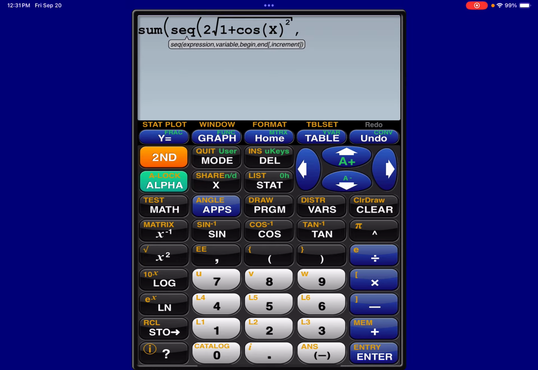And now tell it comma x is the variable, and then start at pi over 10, and then go to 9 pi over 10, and then in increments of pi over 10.